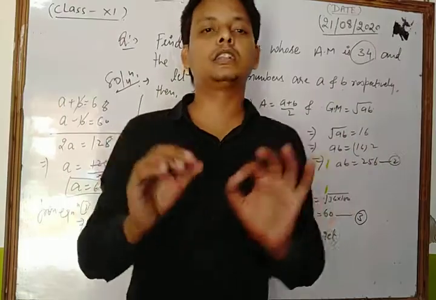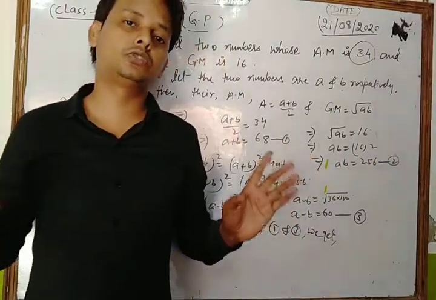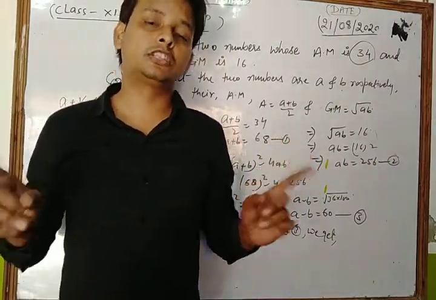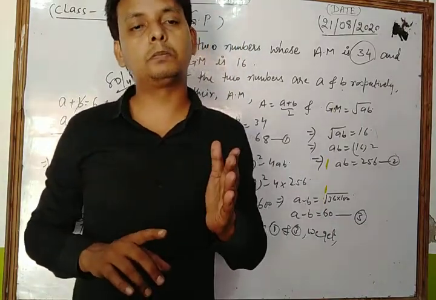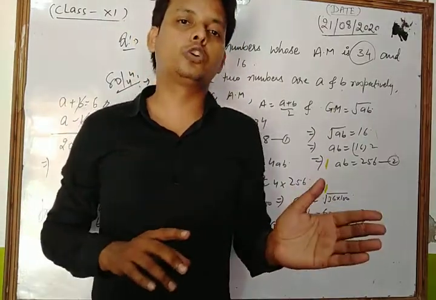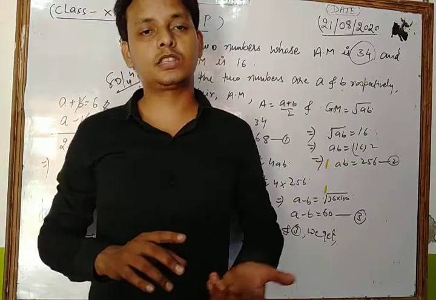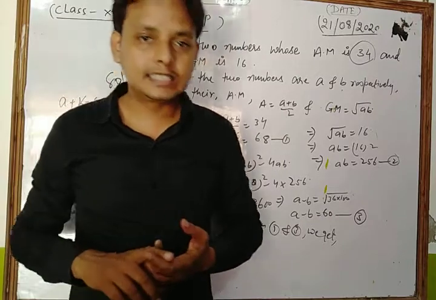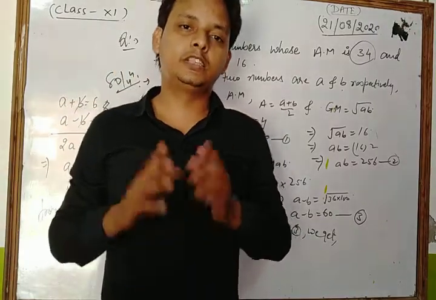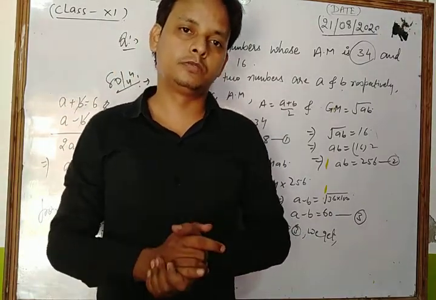We discussed all the topics involved in your syllabus in the chapter GP. Now you revise all the topics and solve each and every question of your NCERT exercise based on geometric progression.